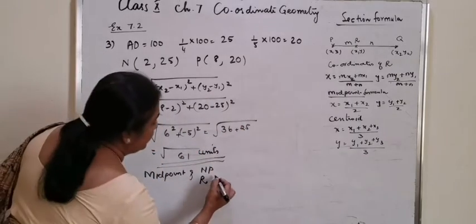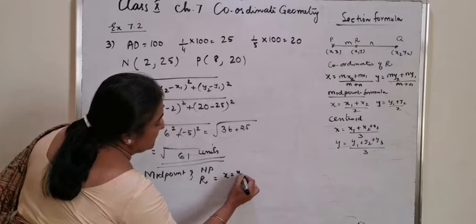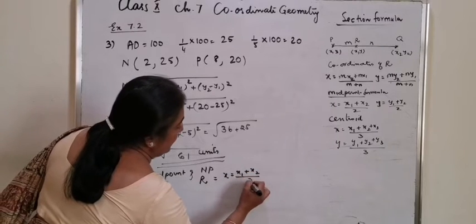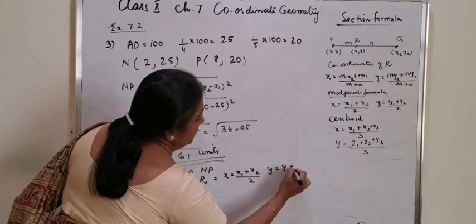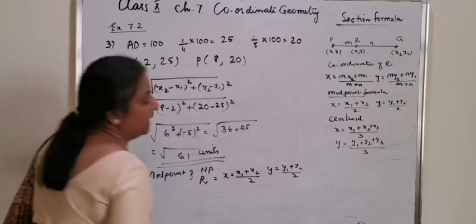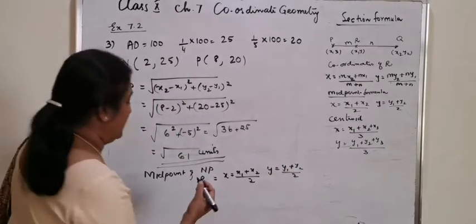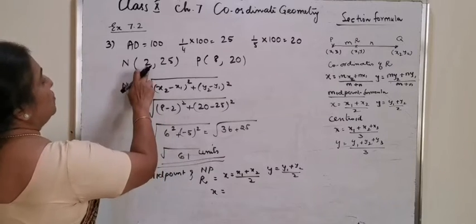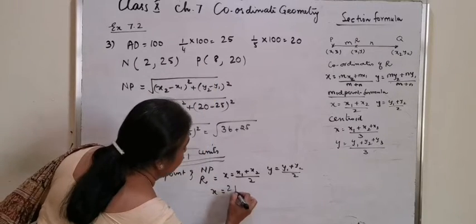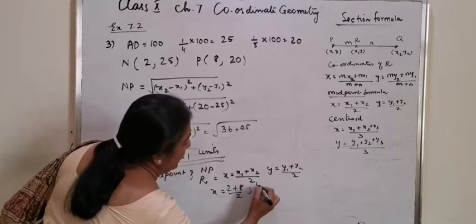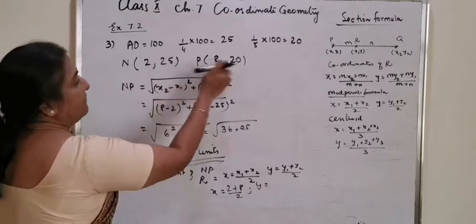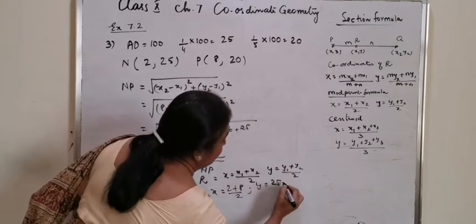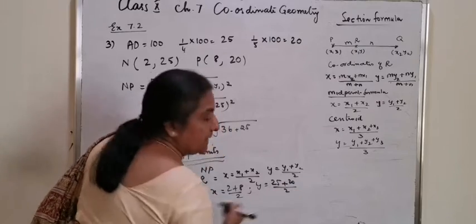The values are x is equal to (x1 plus x2) by 2 and y is equal to (y1 plus y2) by 2. That is, x is equal to (2 plus 8) by 2 and the y coordinate is (25 plus 20) divided by 2.